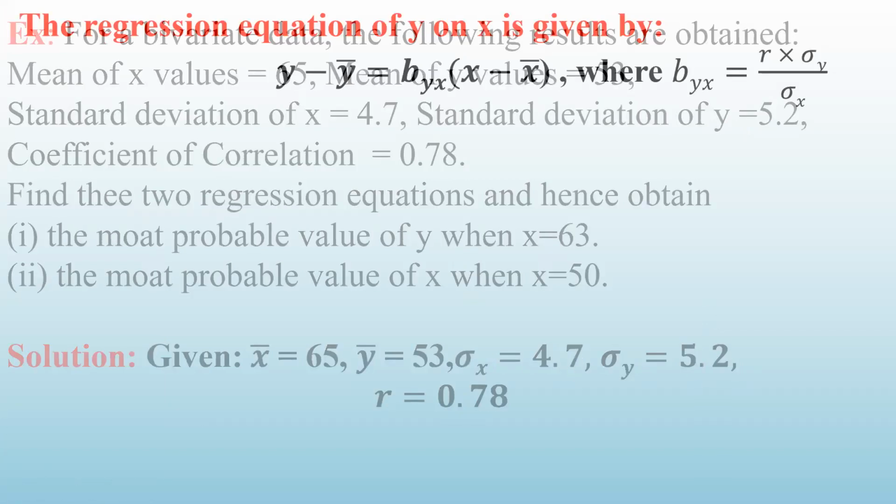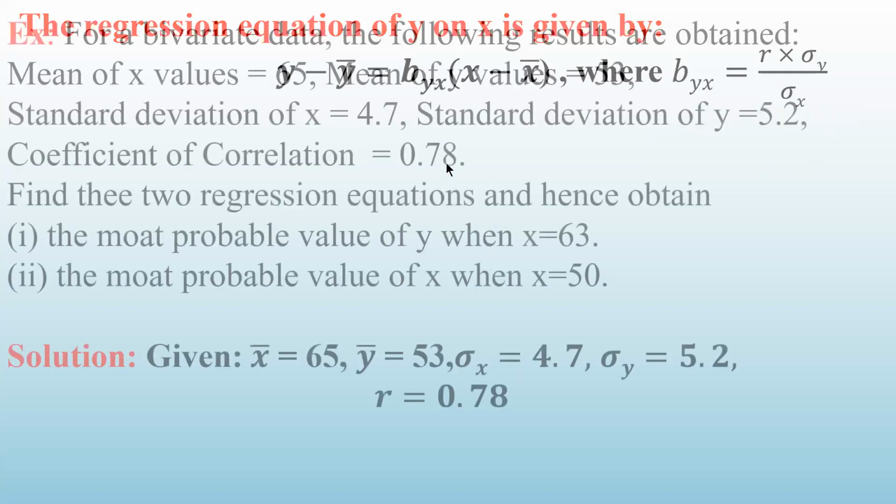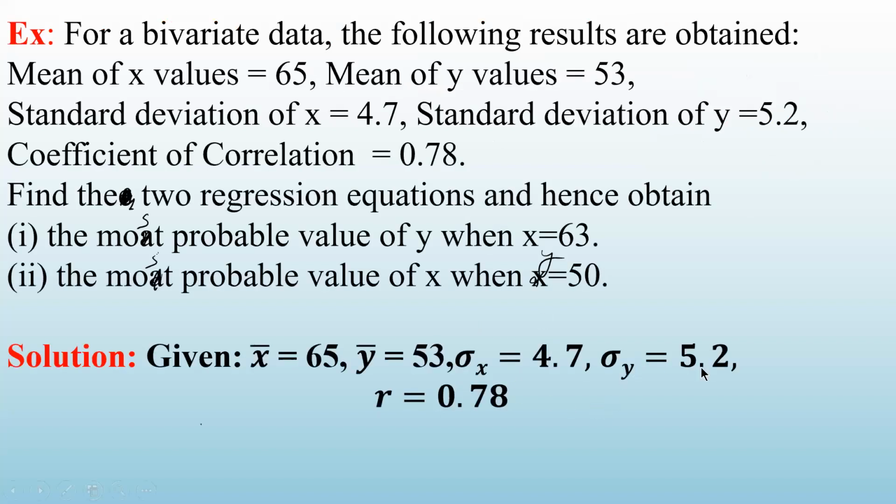So 5.2 divided by 4.7. See what I've done? I put the values. R is 0.78, sigma y is 5.2 and sigma x is 4.7.